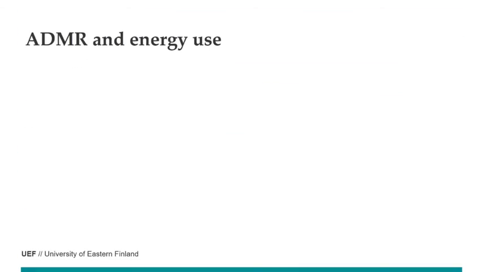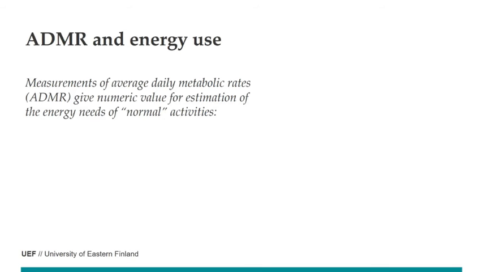Another way to compare is the average daily metabolic rate, because it gives a quite nice number to estimate energy needs. In the early literature, it was very difficult to find out how much more energy endotherms need, since they have warm blood and a warm body temperature.